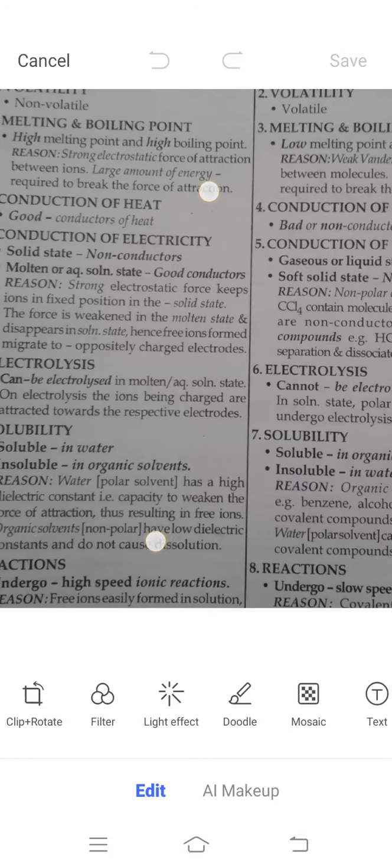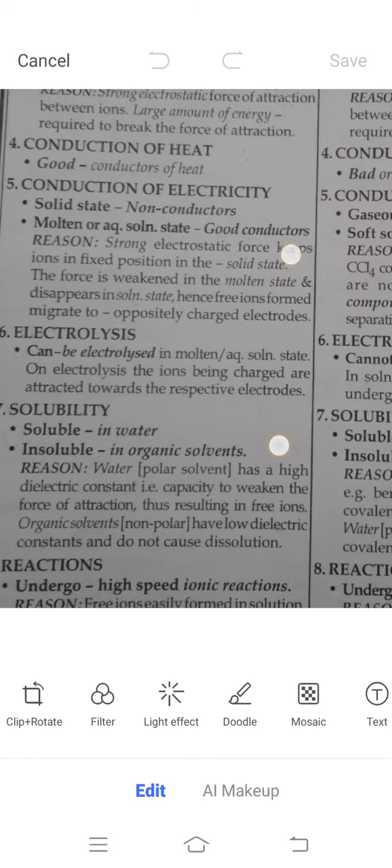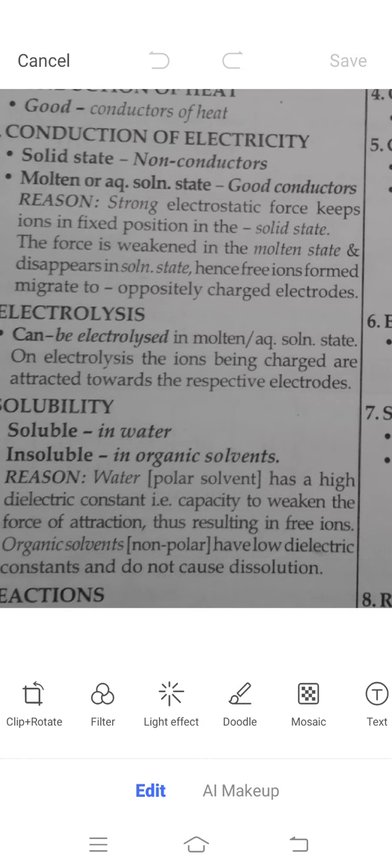Then let us see electrolysis. This we will study in the electrolysis chapter, but for the time being you need to know. In class 8 we have studied what electrolysis is. It is a process by which a chemical compound can be decomposed or dissociated into ions by the passage of electric current.